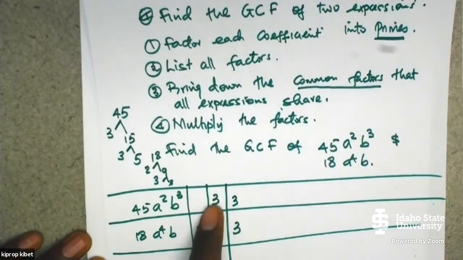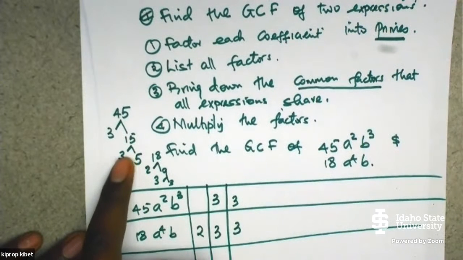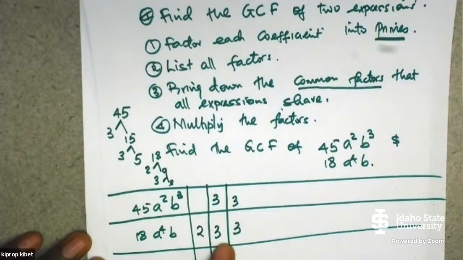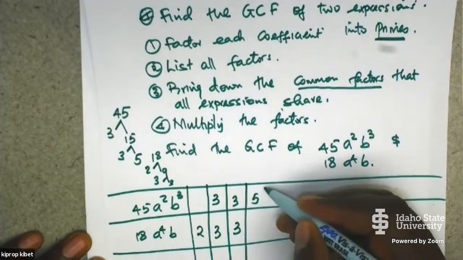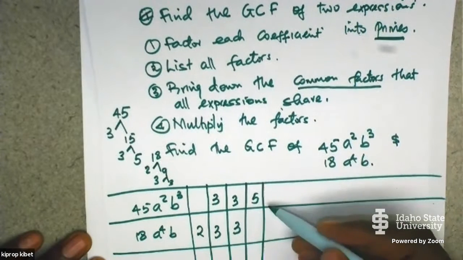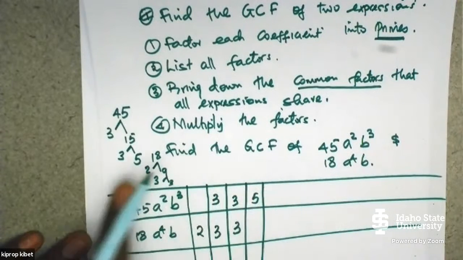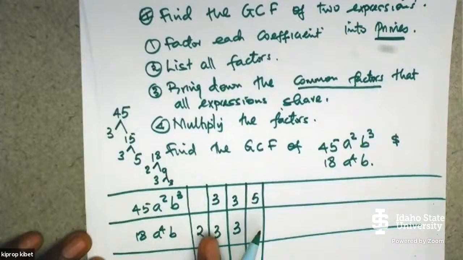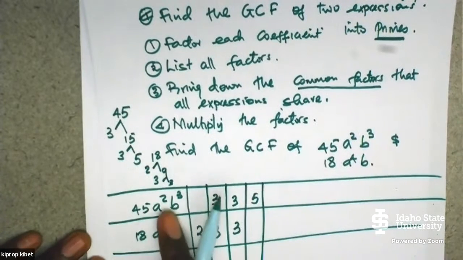What is remaining in 45 is 5. Do we have 5 in 18? No. So 3, 3, and 5 is 45, and 2, 3, 3 is 18.